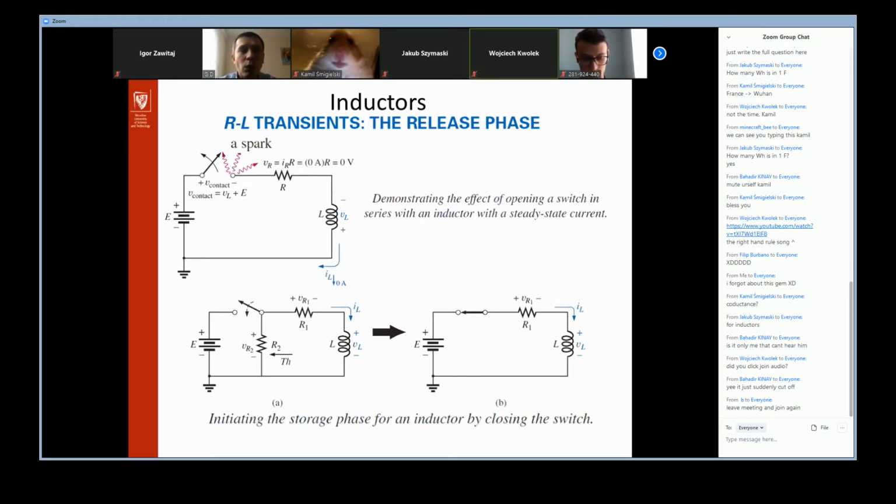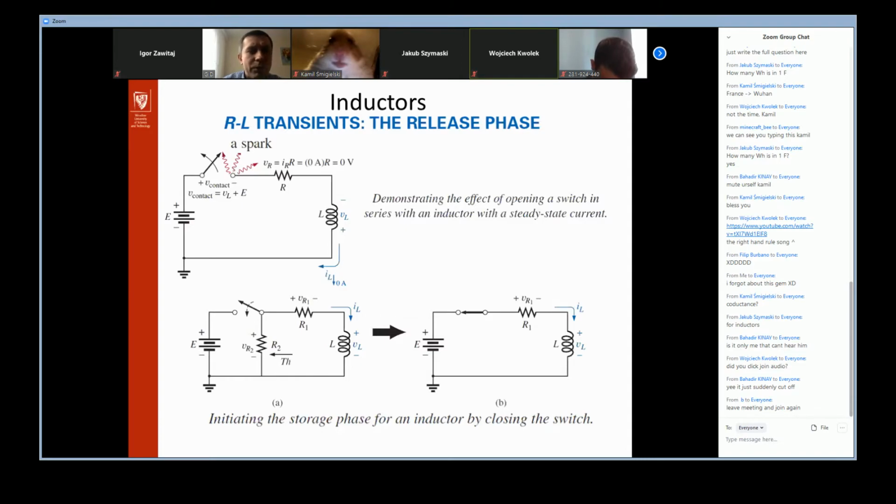Sometimes it is possible to observe sparks when we turn on the switch. However, it is less visible. Why? Because at the first moment we are limited to the voltage which is delivered by the power network.